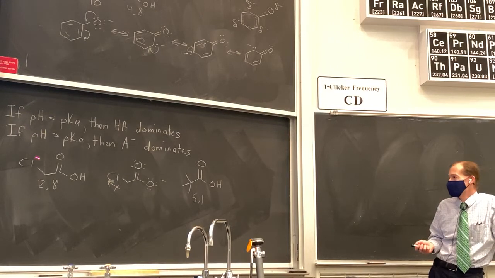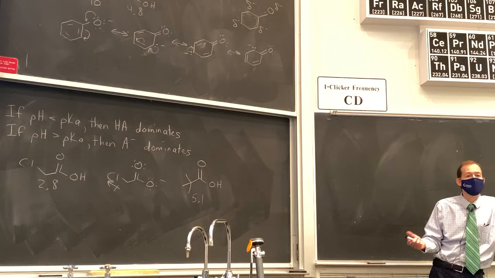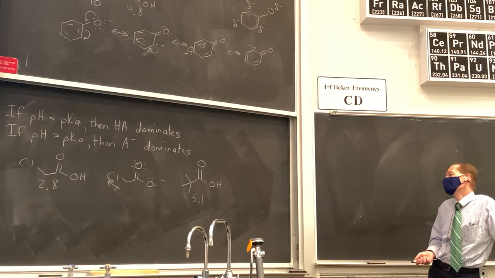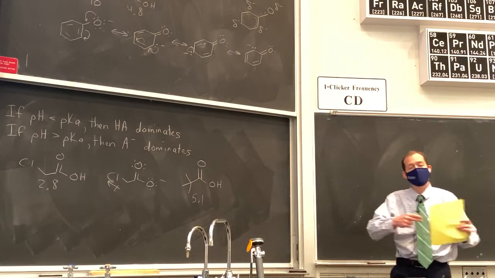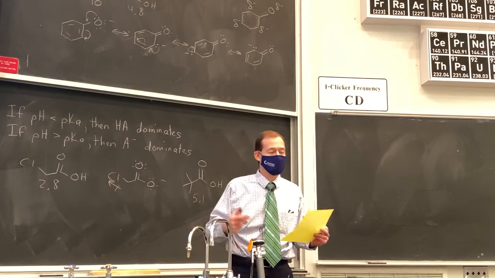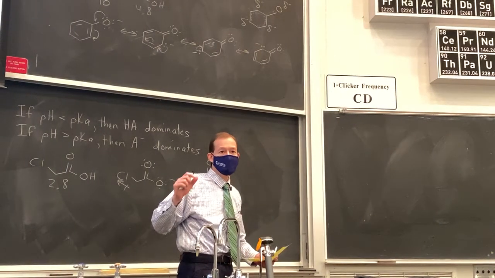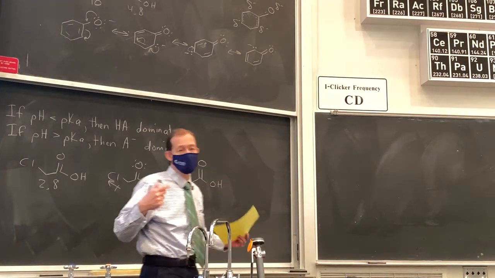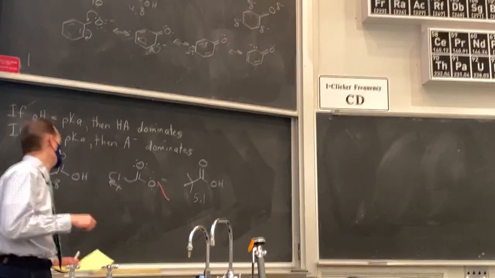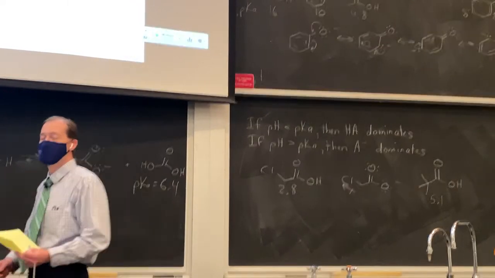So if we had a more electronegative atom than chlorine, we'd have a stronger inductive effect and a more acidic species. They're also dependent upon the distance of that atom from the negatively charged species. So if we had a longer carbon chain connecting our chlorine to our carboxylate, we'd have a weaker inductive effect. Okay? Any questions?